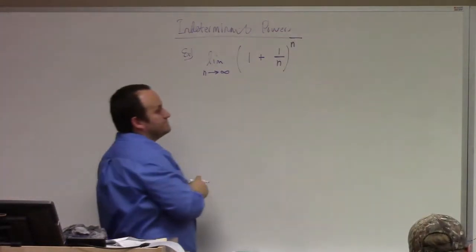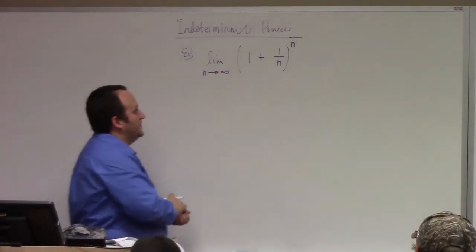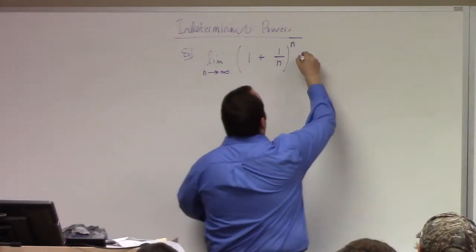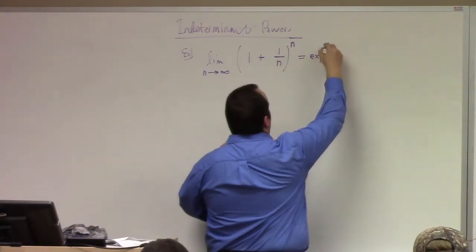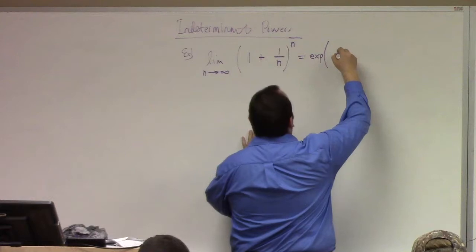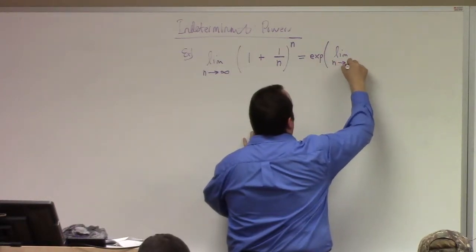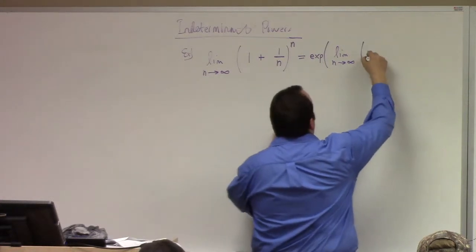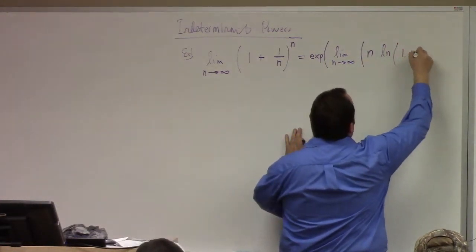It's a pretty standard example, but let's go through it. What we're going to do is rewrite this as the exponential of the limit as n goes to infinity of n times the natural log of 1 plus 1 over n.